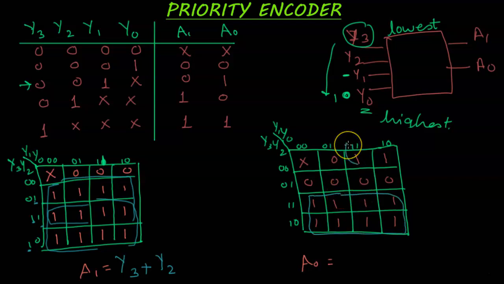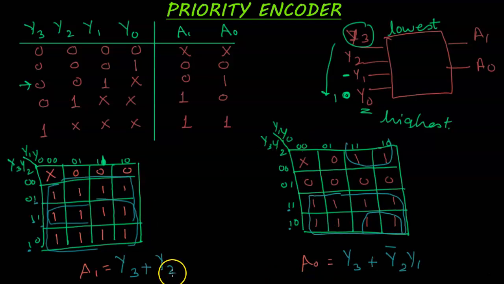And the second group is 1, 1 and these 1, 1, to maximize the number of ones in one group. For this particular group, this one is common, that corresponds to Y3. So we have Y3 plus, for this other group of 1, 1 and 1, 1, we have Y2 bar and Y1. Hence these are the two equations for A1 and A0 for a priority encoder.